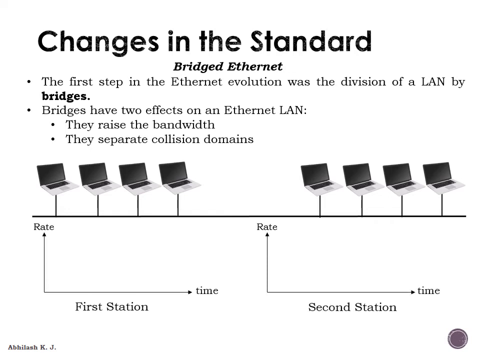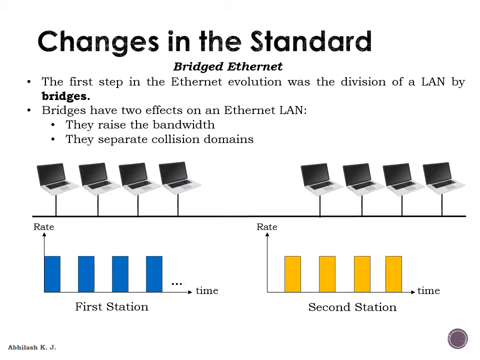So we have considered 2 stations here which have data to be sent. Initially the first station will send for a duration of time. After that the second station will send. Alternately they will be sending the data. Here I have considered 8 cases in which data is sent. In 4 scenarios station 1 will be sending. In 4 scenarios the second station will be sending.